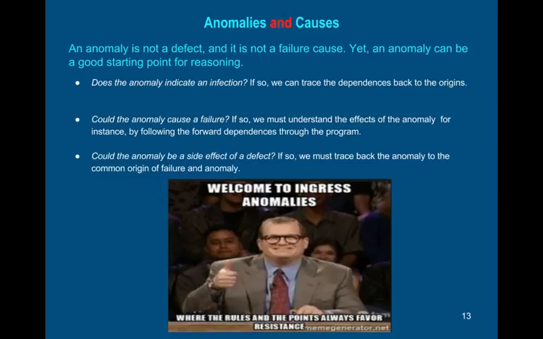If so, we must understand the effects of the anomaly, for instance, by following the forward dependencies through the program. Could the anomaly be a side effect of a defect? If so, we must trace back the anomaly to the common origin of failure and anomaly. So all the time we have to go deep into the anomaly to detect the cause of the problem.